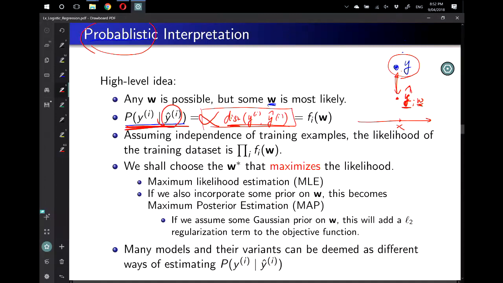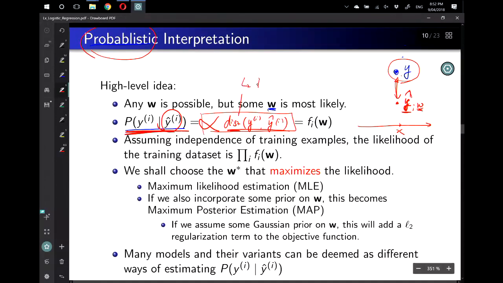Specifically, if you use the L2 distance, it gives you the Gaussian prior. But no matter which model you feed in, it's going to be a function of W, because if I use a different W, the model estimation will be different, and hence you will end up with a different value.